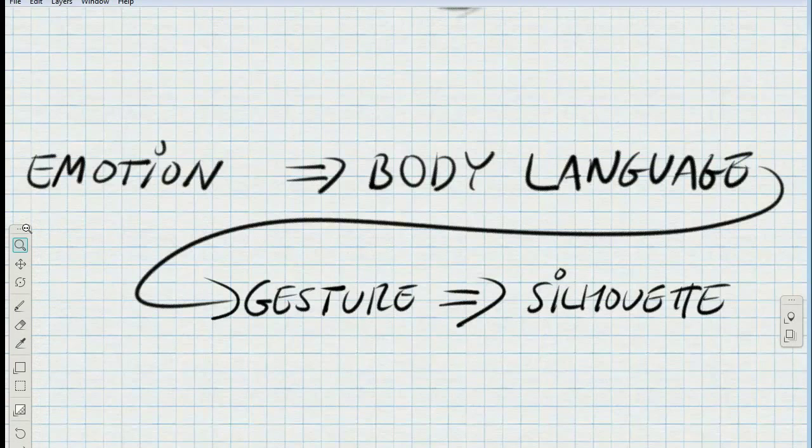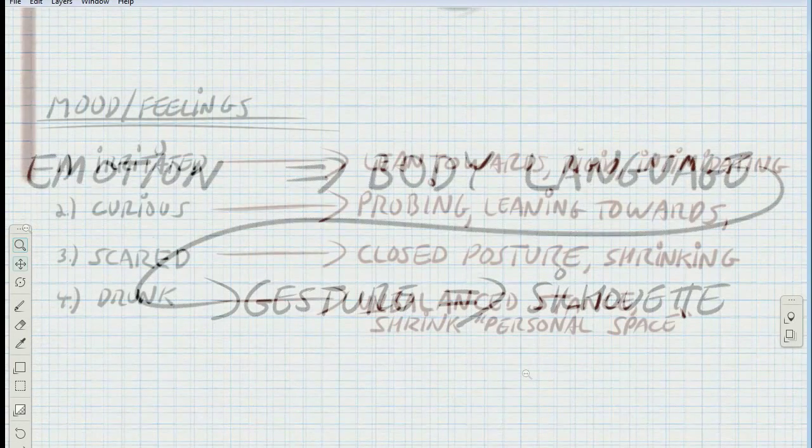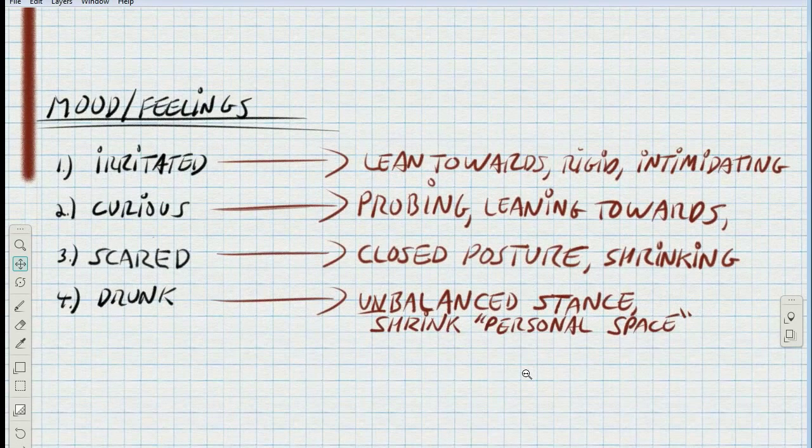And then once we have the body language from that, we can form our ideas on what the gesture of the pose should be. And during the course of all this, we still have to keep track of things like silhouette, right? Because the silhouette is going to determine how it reads in a flat drawing sense, in a strictly visual language mode. So having said all that, these are some of the examples I have lined up for today.